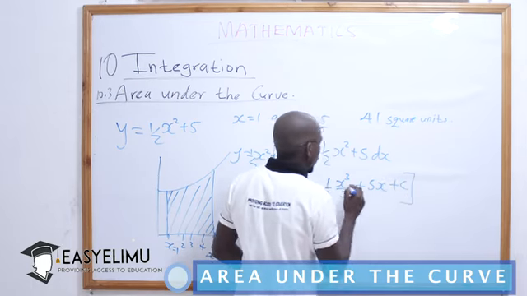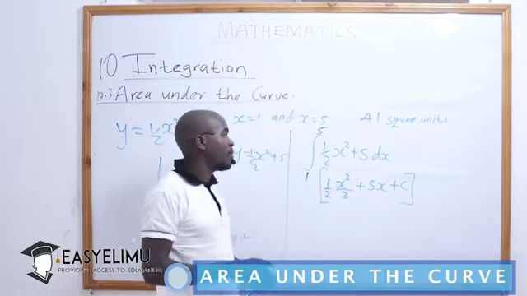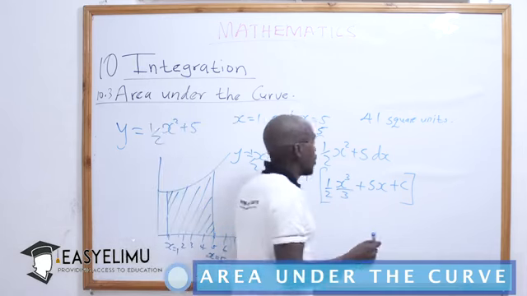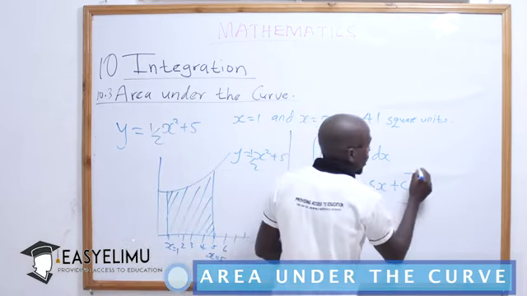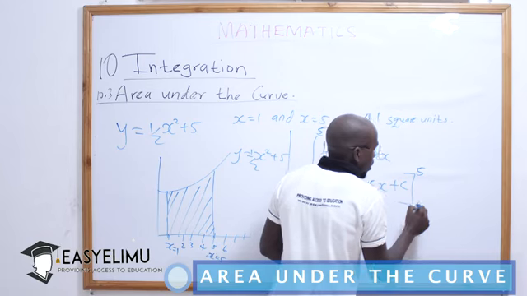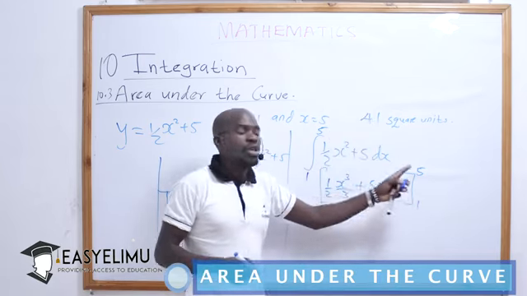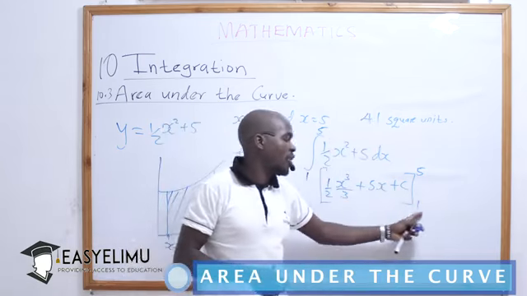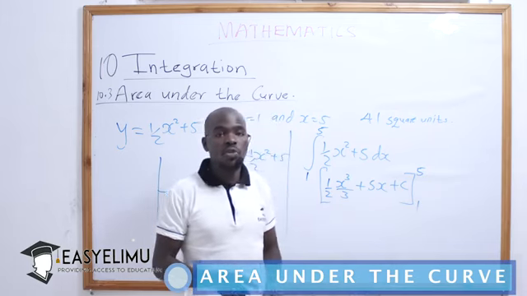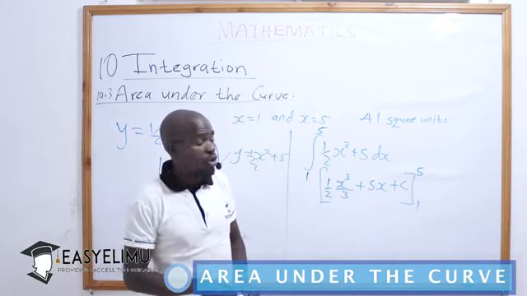Remember, you enclose it in a bracket and put the limits of integration, starting with the upper limit, which is 5, and then the lower one.